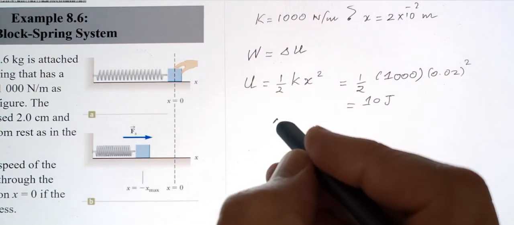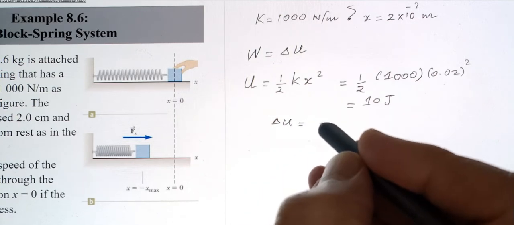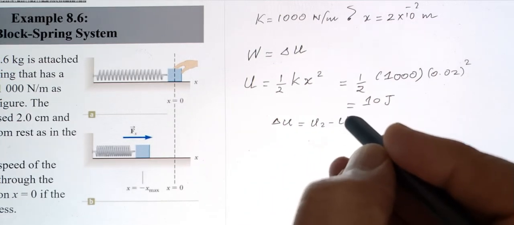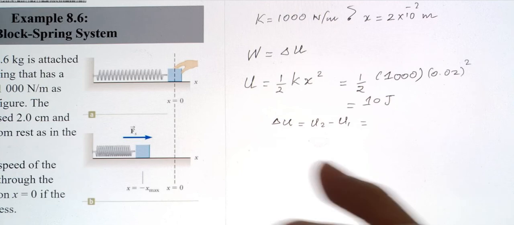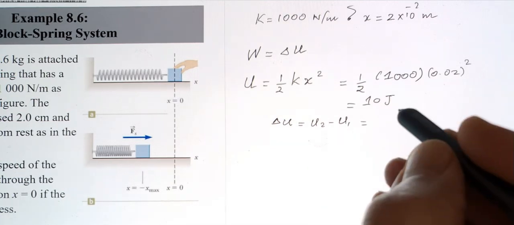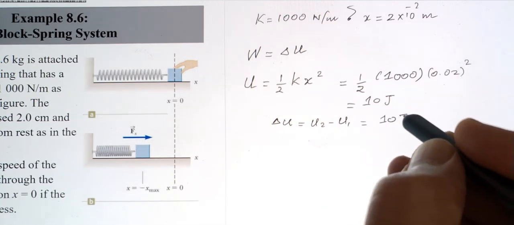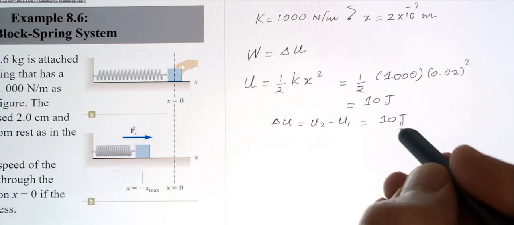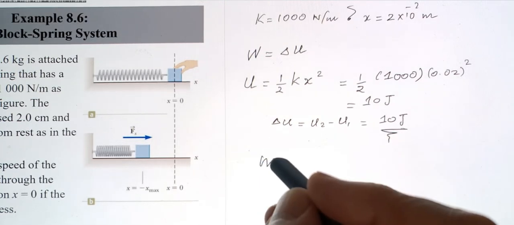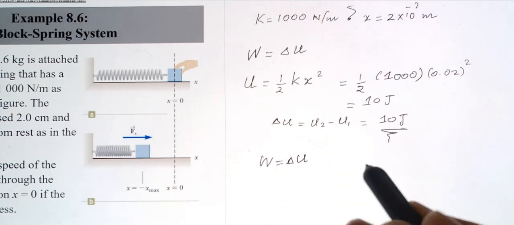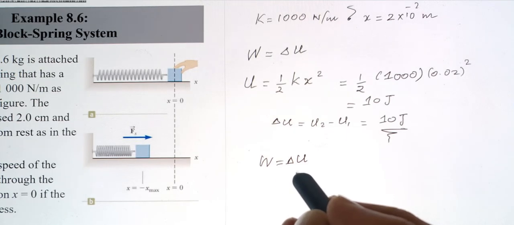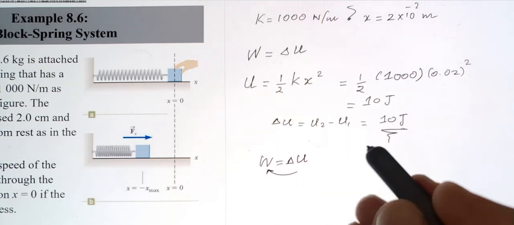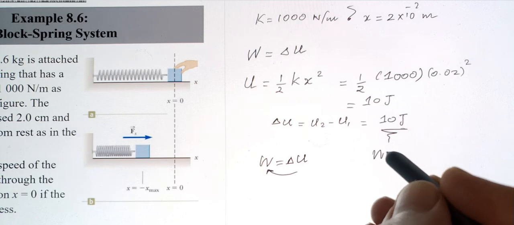So delta U is equal to U2 minus U1. So it will be 10 joule. That 10 joule will be transferred into work, which is, what is work?